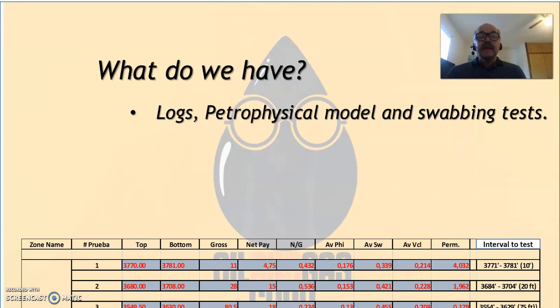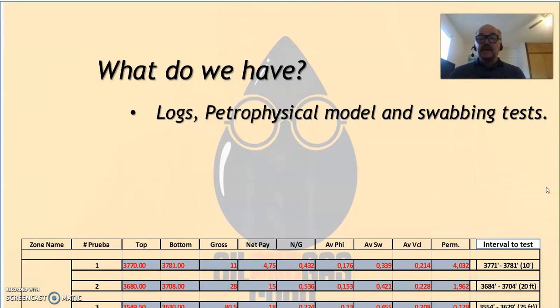Another thing that we get, like I said, when we are looking for actions to improve our productivity is the petrophysical model. Normally in exploratory or appraisal wells, even in development wells, we get swabbing tests, we get the prospective sands and the petrophysics.